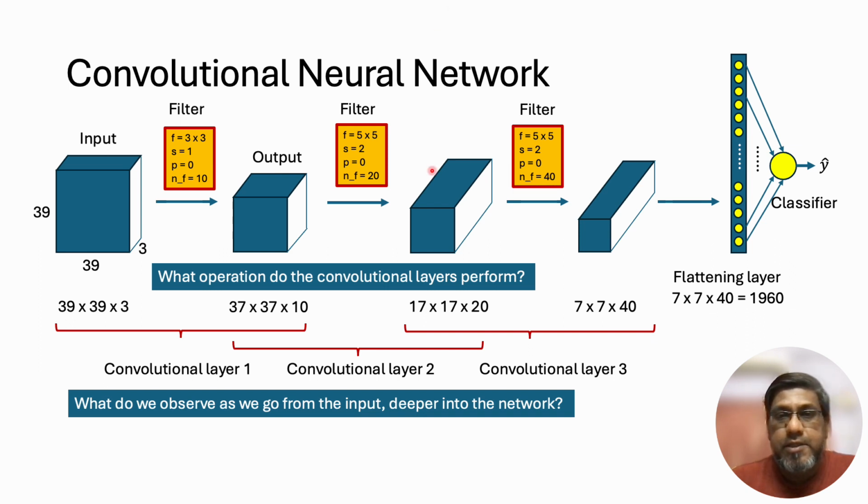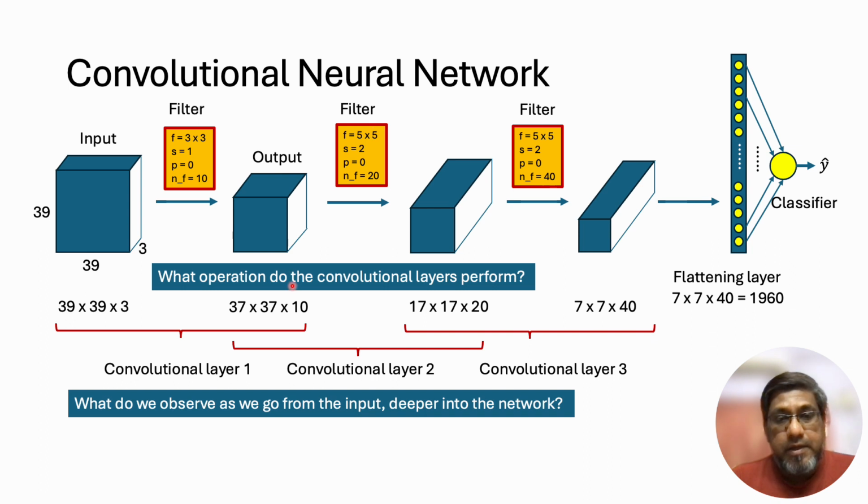But for now, let us just focus on the convolutional layers and develop an understanding of what the convolution process does to the input image as it passes through each convolution layer.